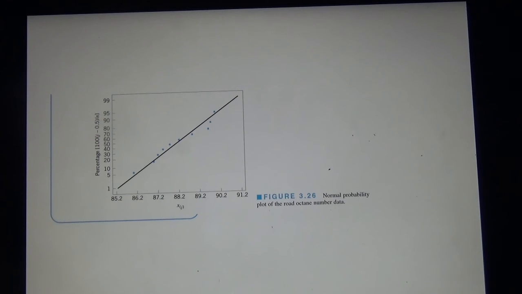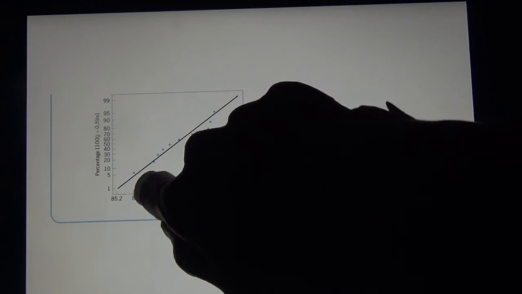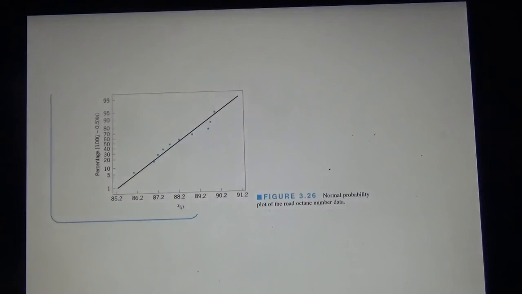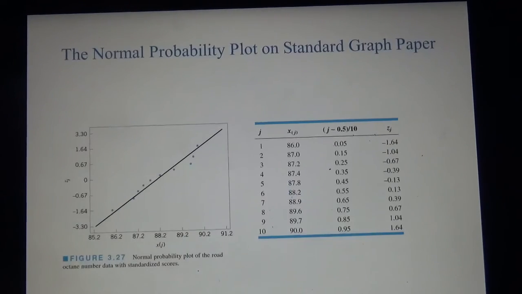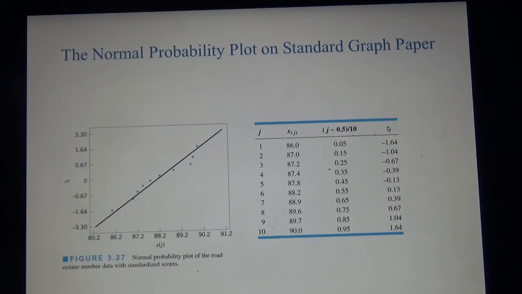So we draw a graph named the normal probability plot, and when we plot the data, if the points lie on the line, it means that the data is normally distributed, like here.